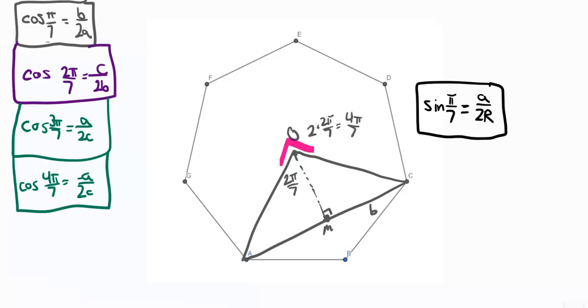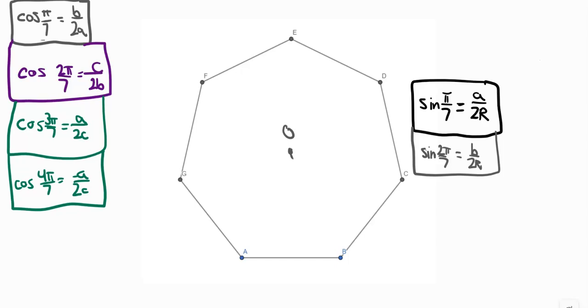It's going to be B over 2 and the length here of R. So the sine of 2 pi over 7 is going to be B over 2R, just like that. All right. Now we have one more, or excuse me, 1.5 more of these ratios to establish.